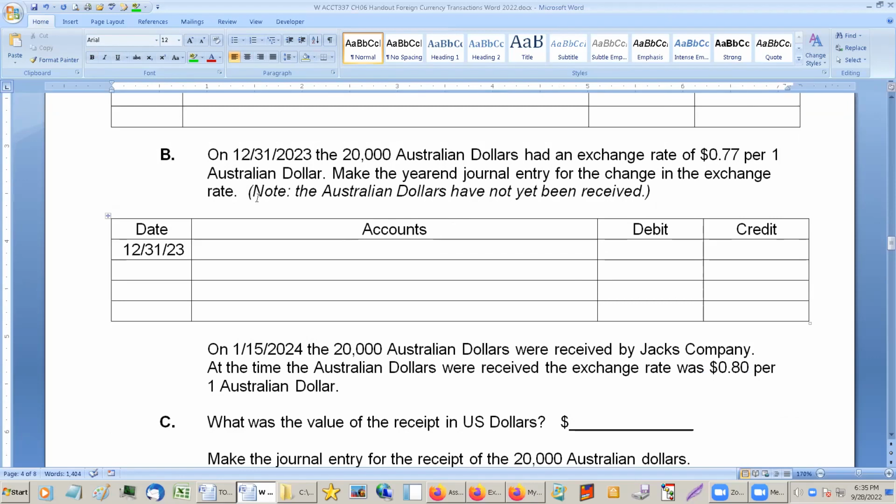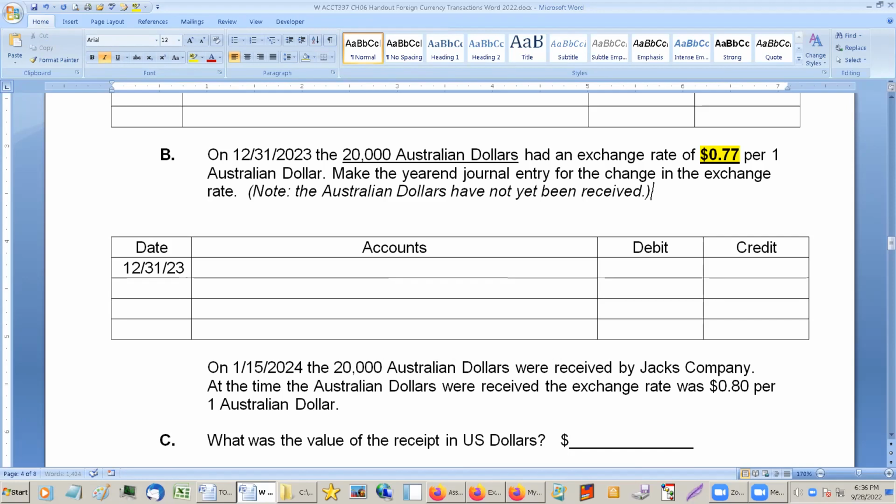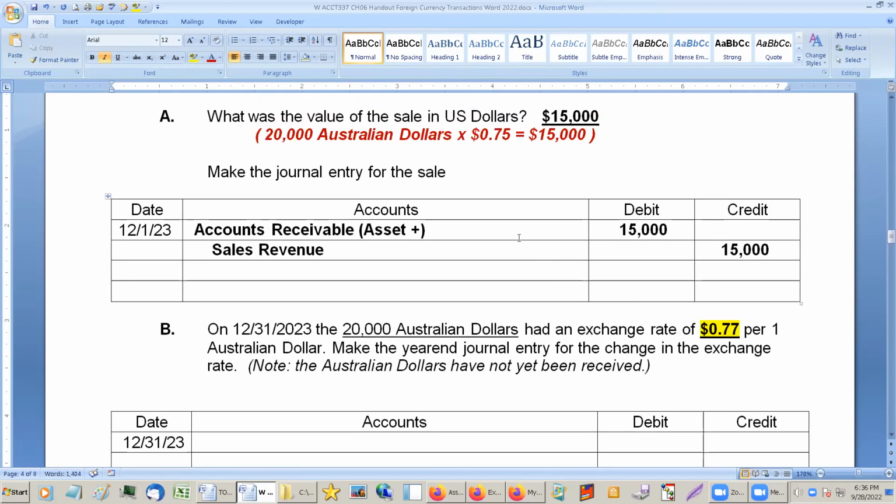Okay, now here's the new one. Year end comes around, you have to make your financial statements. Okay, and you have these 20,000 Australian dollars that you are going to collect. The exchange rate has now changed to that. So the question is, how is that going to change what we are owed?